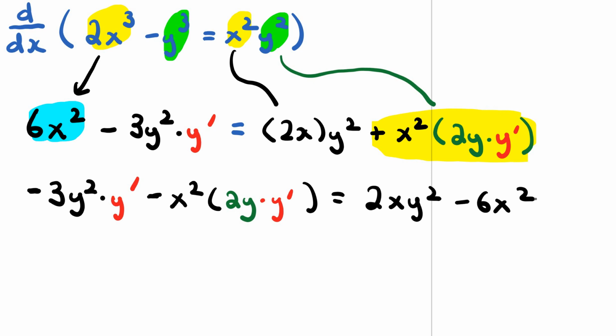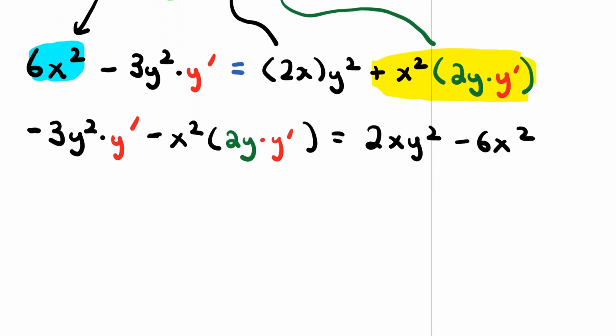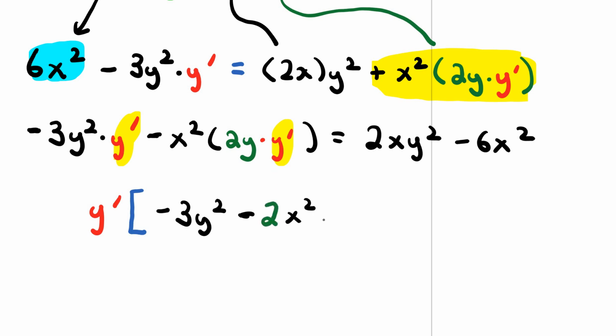And then we can move on to the next step here. What I see now is there's a y prime here and a y prime there. So let's go ahead and factor that out. If I factor out the y prime, this is what we have: negative 3y squared minus, I guess the 2 can come up front, so 2, and then x squared y.